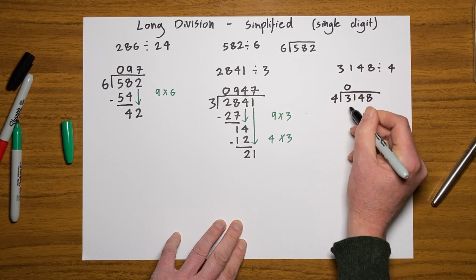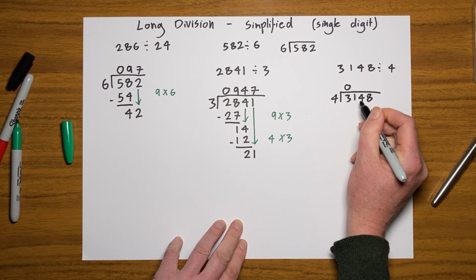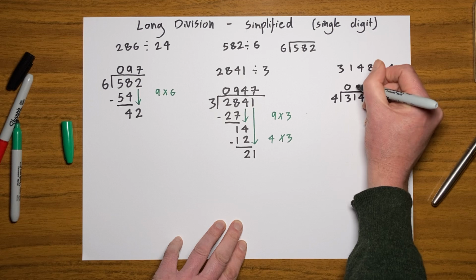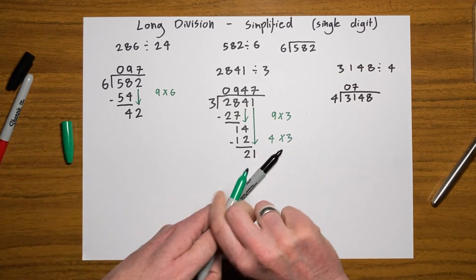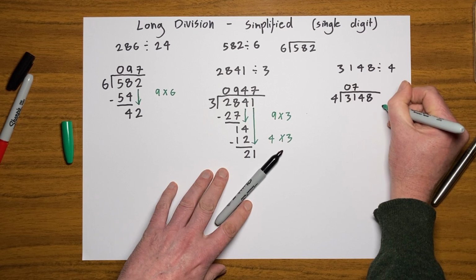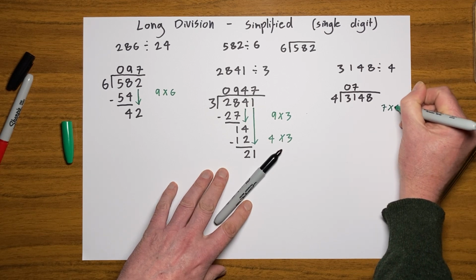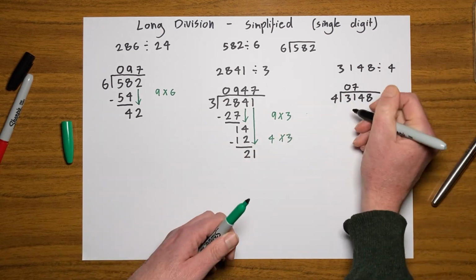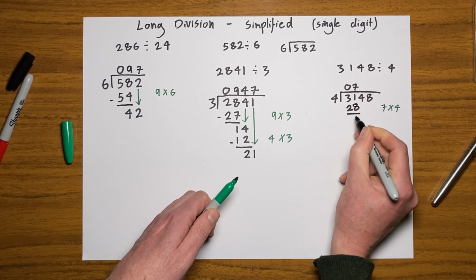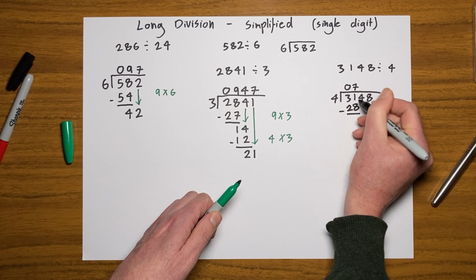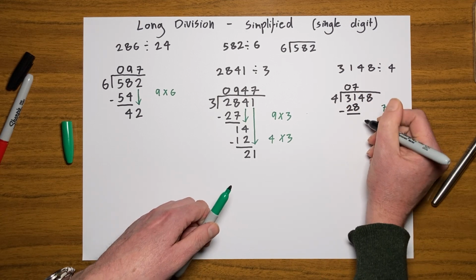None. How many 4s in 31? That must be 7, because 7 4s are 28. So put my 7 in here, and then write down here 7 times 4. That makes 28, so put it here. Put my line underneath, find the difference, take them away. 31 take away 28 is 3.